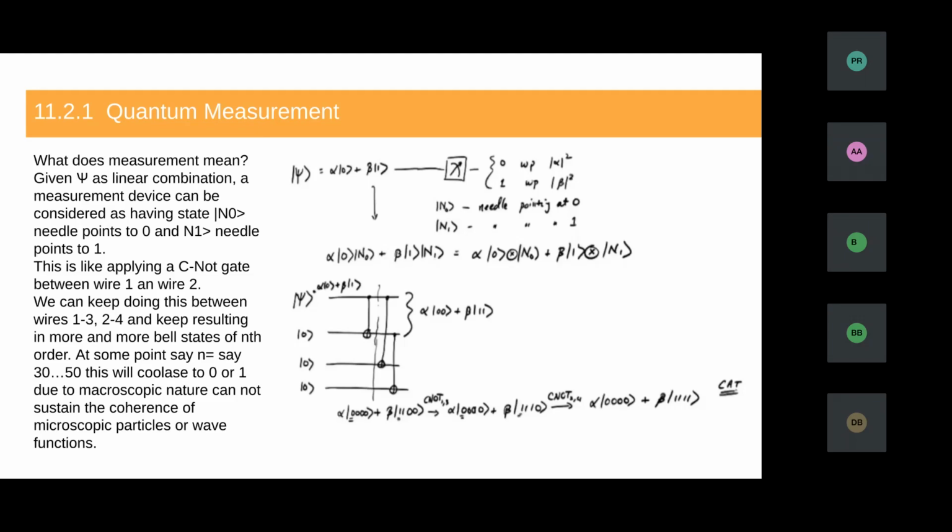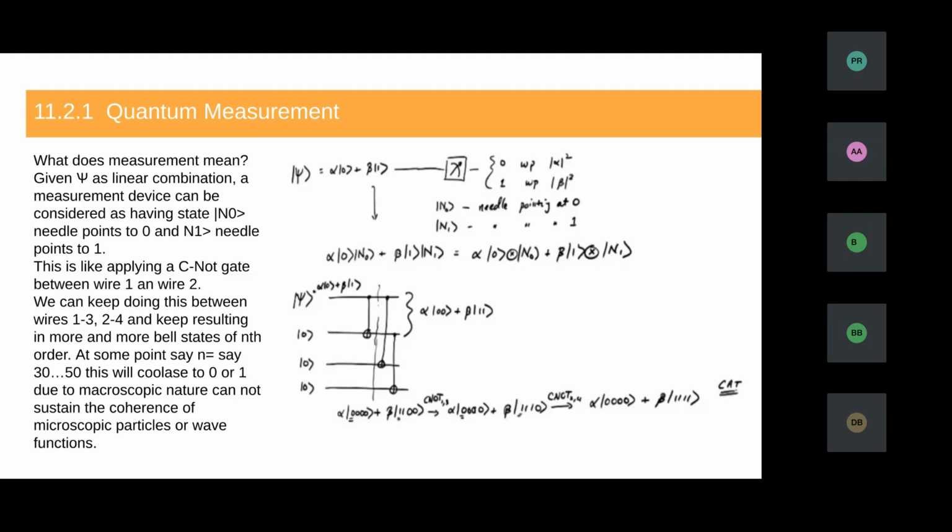Maybe this will be applicable for 30, 40, 50, we don't know when it will collapse. The states are coherent and maintainable only for a certain number of electrons. If it becomes 30, 40, 50, then it becomes more like a microscopic system rather than a subatomic one. If that happens, then it may collapse.